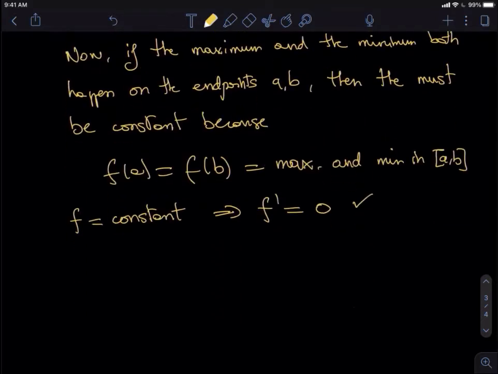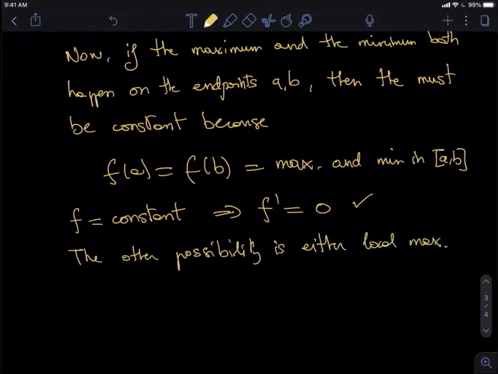Okay, but now the other possibility is that it has a local maximum or a local minimum in the interior.